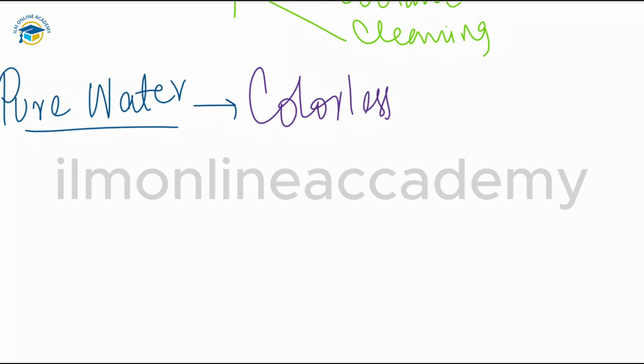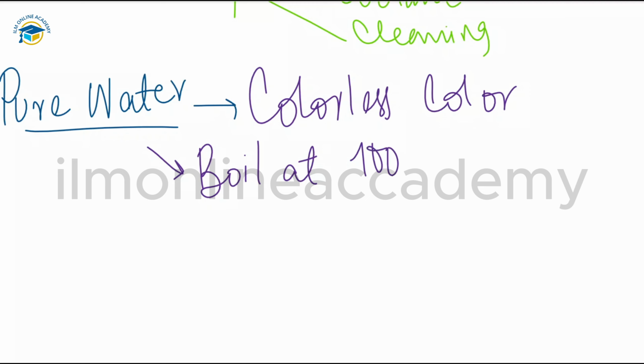It does not have any color, and it boils at 100 degrees Celsius and freezes at 0 degrees Celsius. So this is how you can check whether the water is pure or impure.